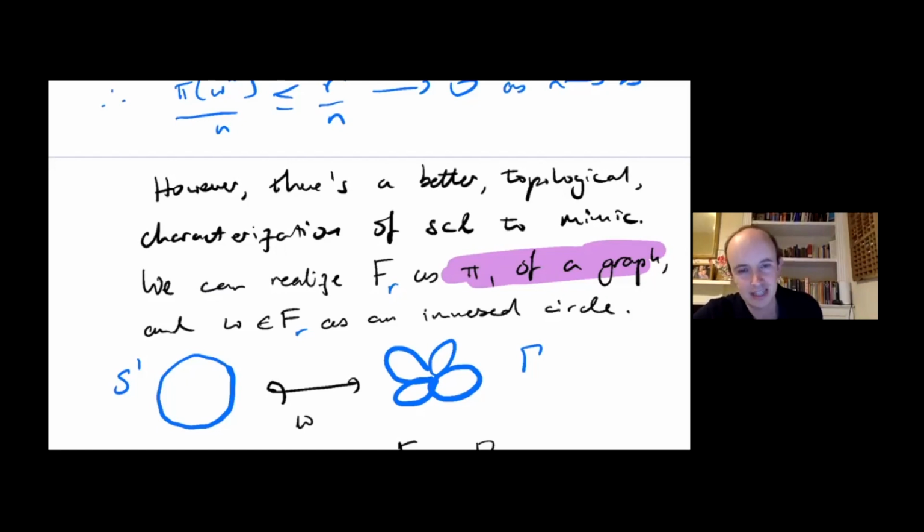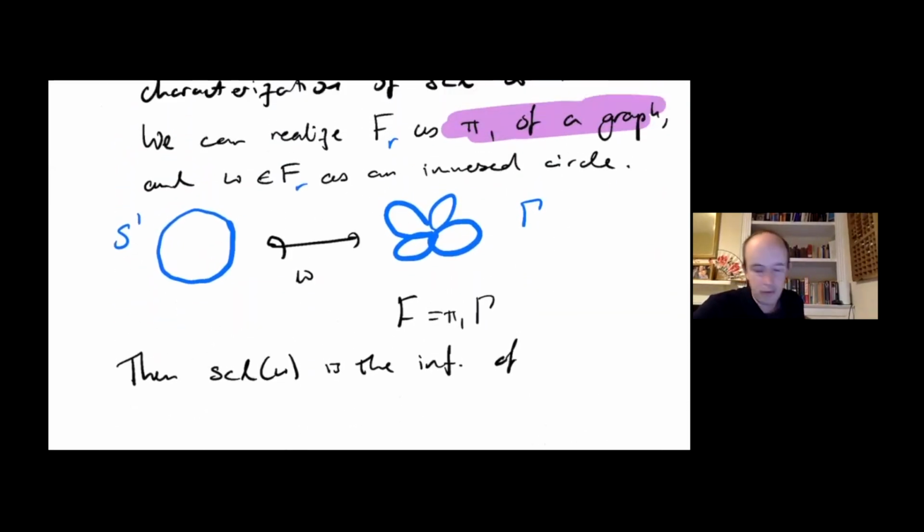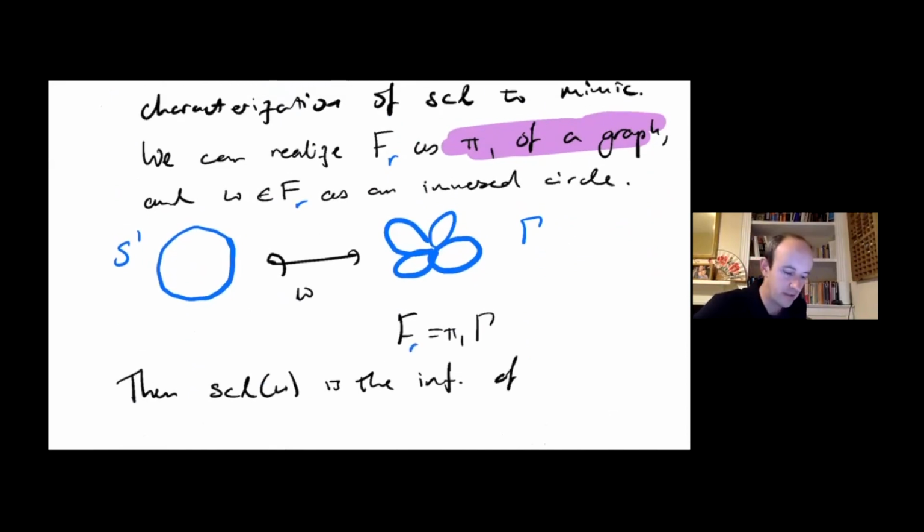But actually all of the numbers I've talked about here are really invariants of the conjugacy class of the element, and therefore I don't need base points. So as long as I deal with things that are just invariants of conjugacy classes, then base points are not going to be important. So the free group F_R is the fundamental group of gamma.